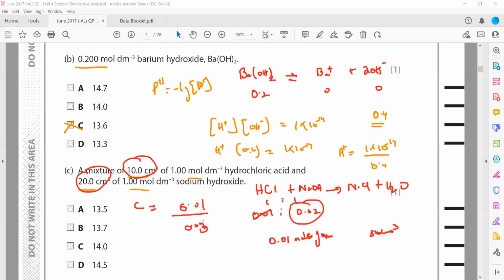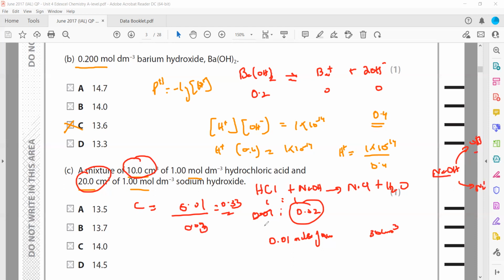So 0.01 divided by 0.03 will give us 0.33. So 0.33 is the concentration of hydroxide ion, because the concentration of sodium hydroxide will be the same as the concentration of hydroxide ion, as it dissociates completely. Strong alkali dissociates completely.